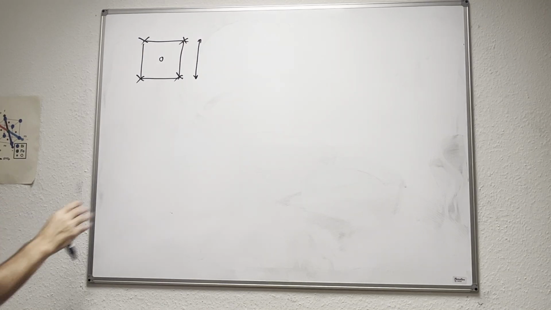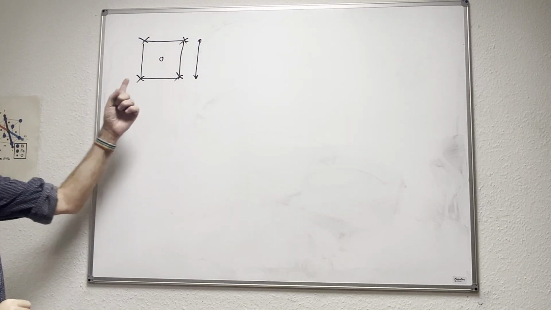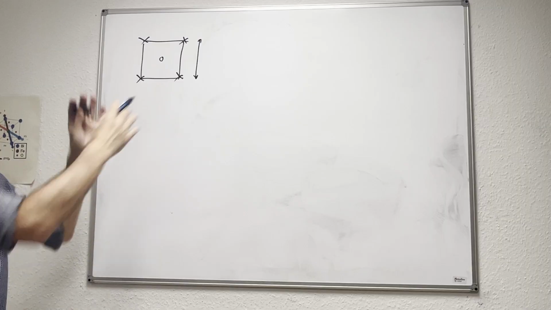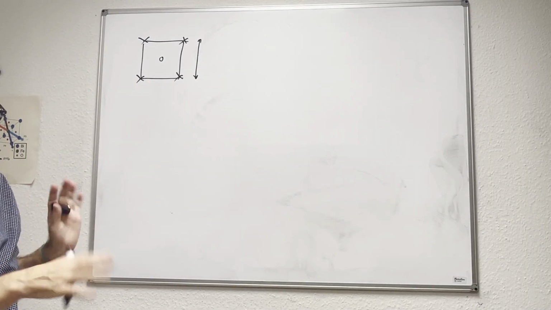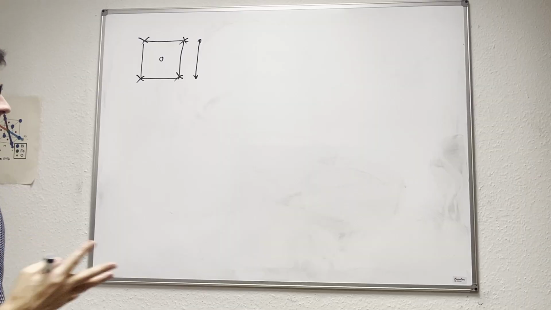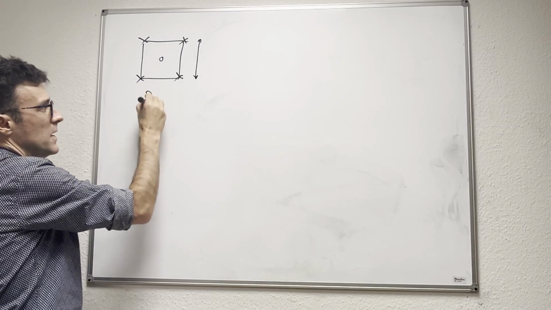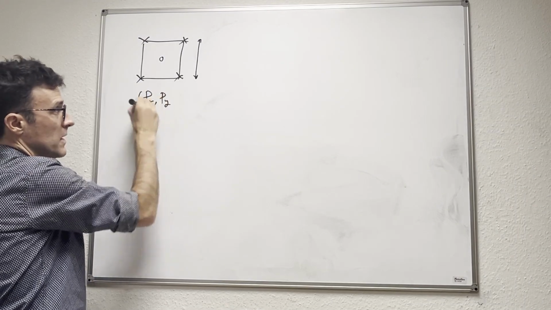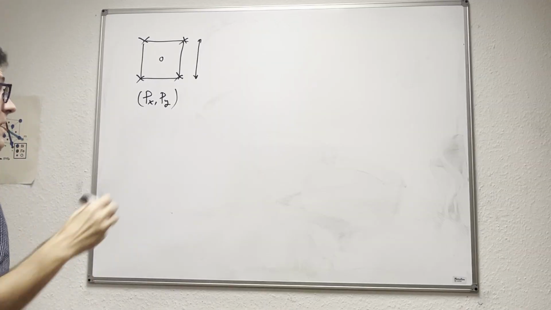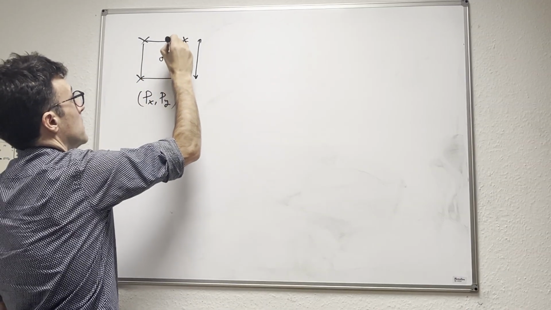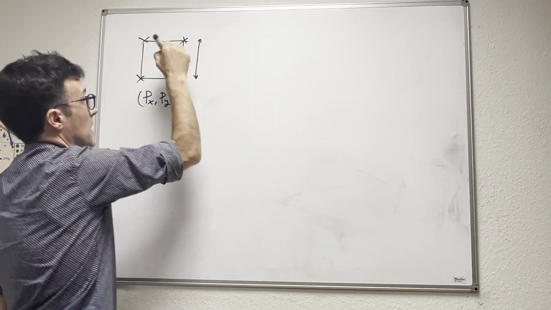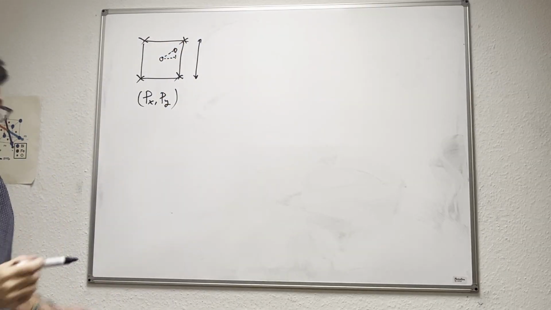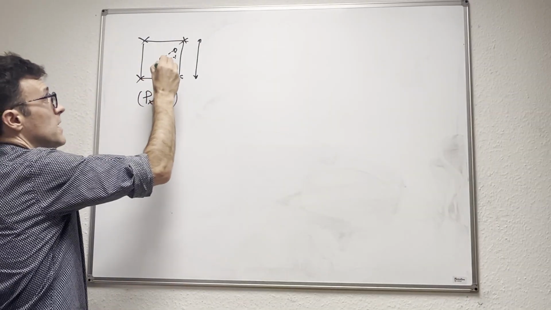All right. So from now on, the state of our crystal is still very simple. It is going to be described by not only two numbers, but four numbers. We are going to have Px and Py, and Px and Py are going to quantify essentially how the central atom moves from the center, in a very simple and intuitive way.